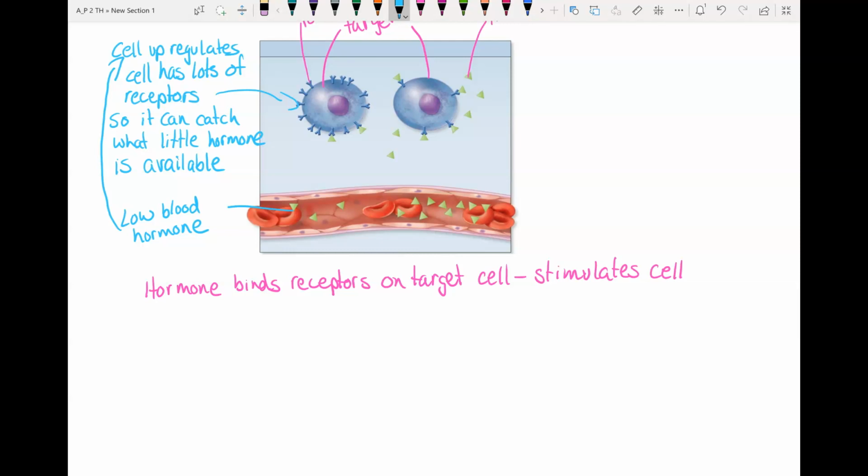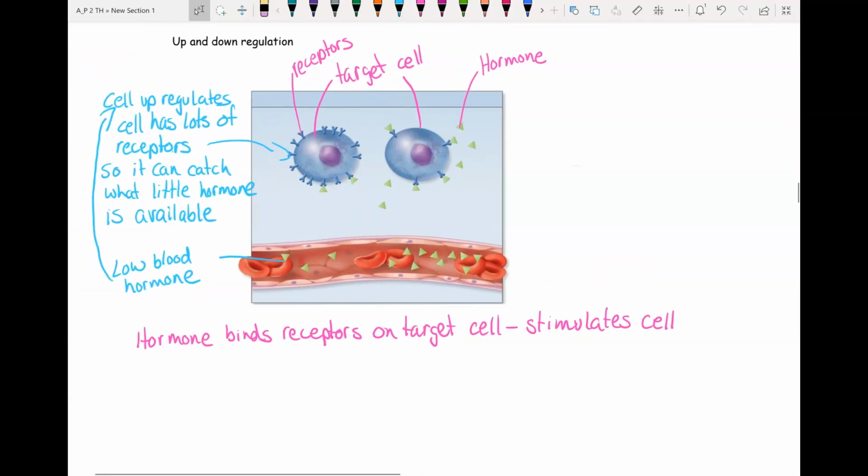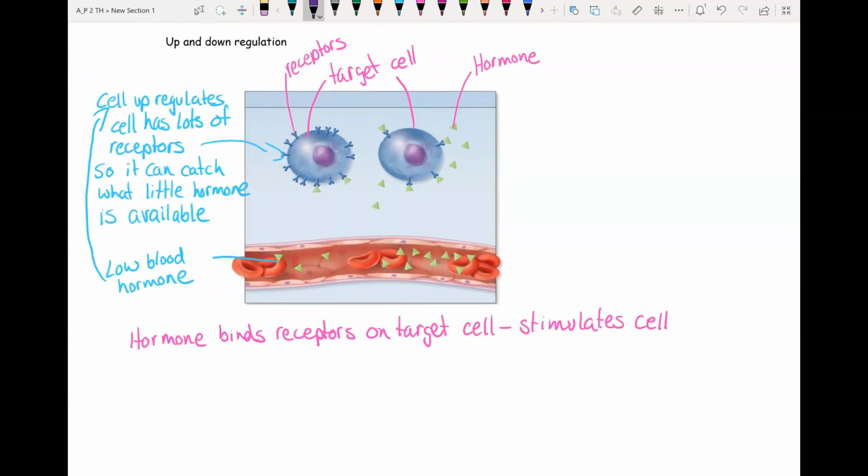The opposite of this is downregulation. So here we have a high blood hormone level.